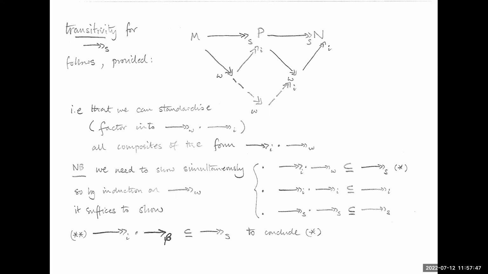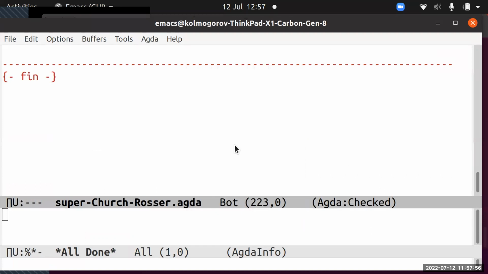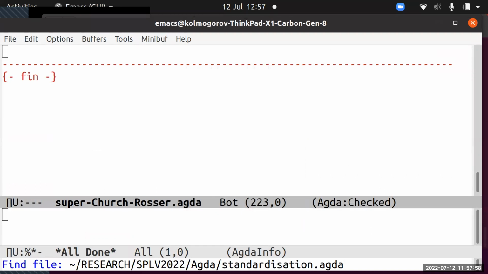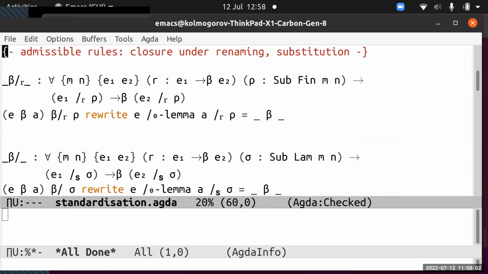And then with no minutes to spare, the caterer's angry, everyone going hungry, I will just say what? So there is a formalized proof of standardization.